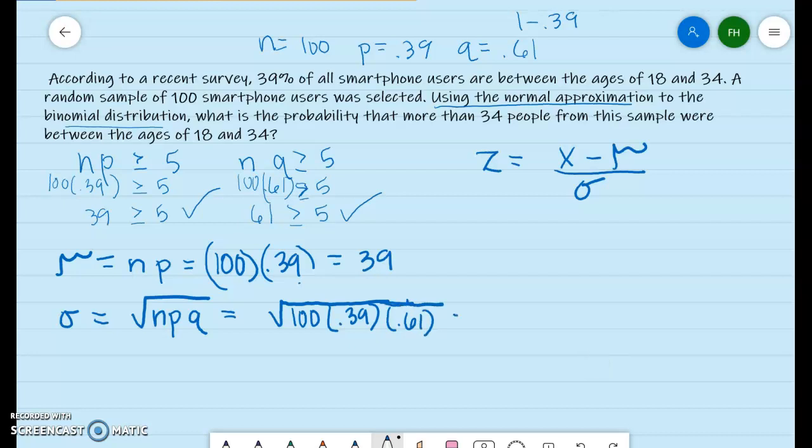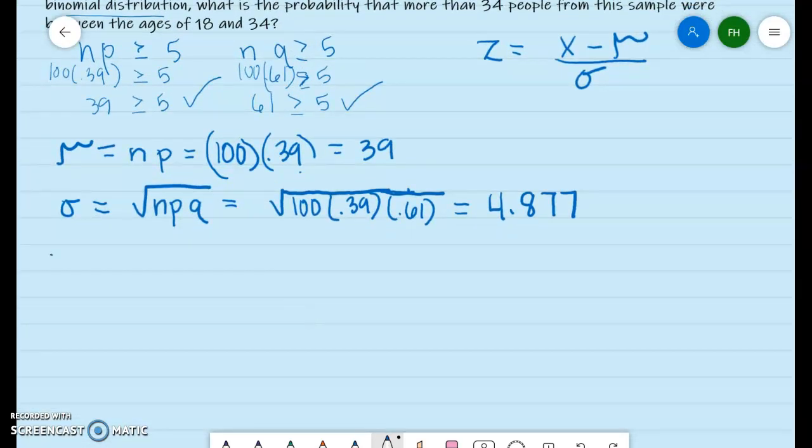So if we take the square root of that, you will get 4.877. So now we have the standard deviation and we have the mean. Now we can find the z-score.